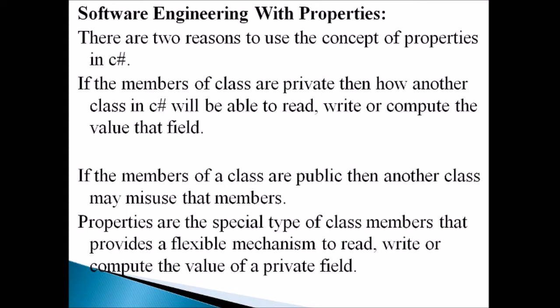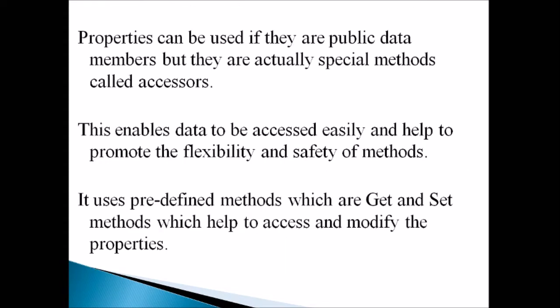Here properties are a special type of class members which provide a flexible mechanism to read, write or compute the value of a private field. Properties can be used as if they are public data members, but they are actually a special type of methods called accessors. And these accessors provide the flexibility and safety of methods.